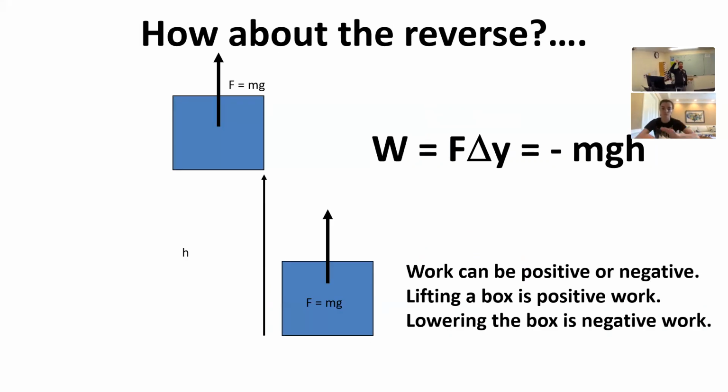If I take something off the top shelf and move it down, I'm actually decreasing its gravitational potential energy because it used to have a high height. So if I take this box of chalk up here, it's got a lot of gravitational potential energy up here on the top shelf, but if I move it down here to that level, now it doesn't have very much gravitational potential energy because it can't fall very far anymore.